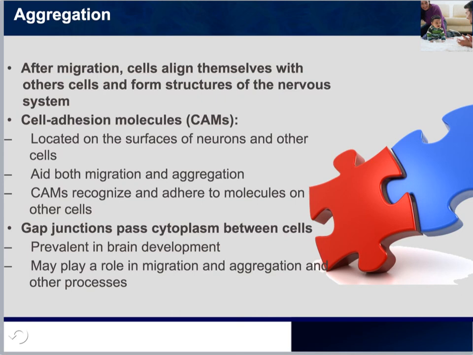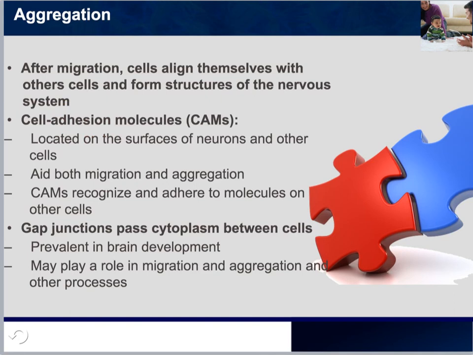CAMs, which are cell adhesion molecules, are located on the surfaces of neurons and other cells. These aid both in migration and aggregation, and they also recognize and adhere to molecules on other cells. This should be similar to the concept of a sticky note. Please note that adhesion actually does come from that of adhesive process, a tape.